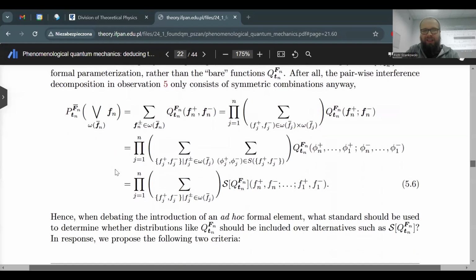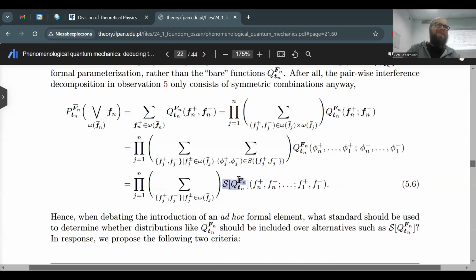So we see a lot of writing, but if you are very patient, you can show it directly. On one hand, we have a decomposition in terms of Qs, which we know, which we like, but now you can juggle the sums, introduce dummy variables, and rewrite it as a decomposition in terms of SQs.